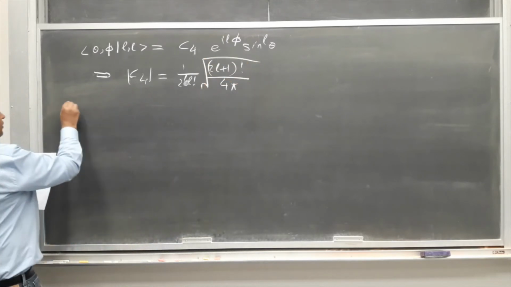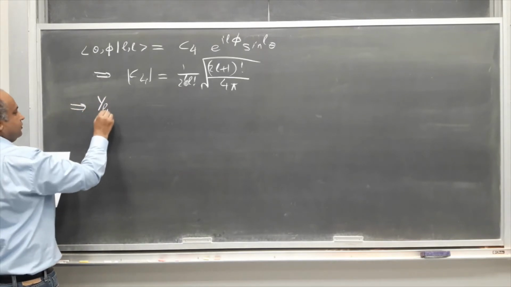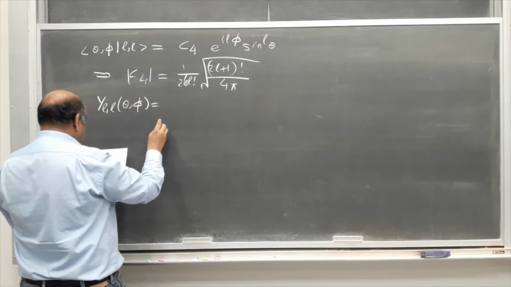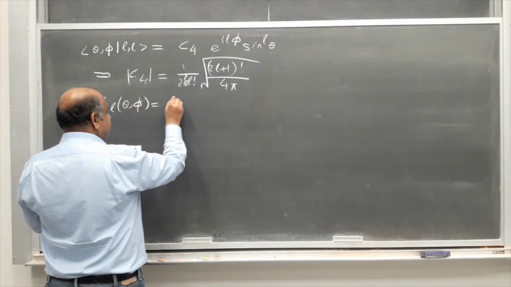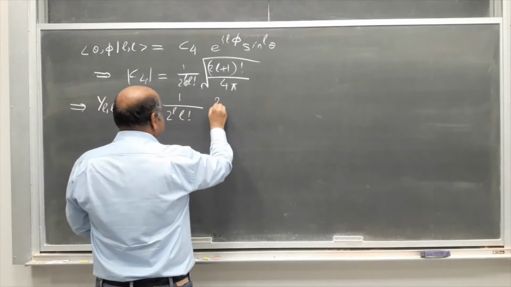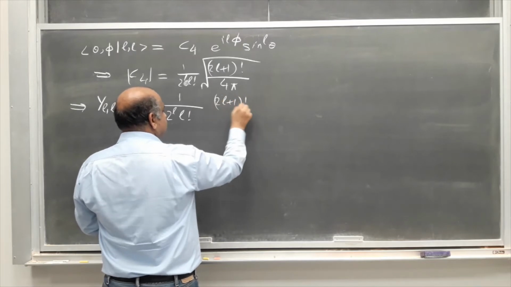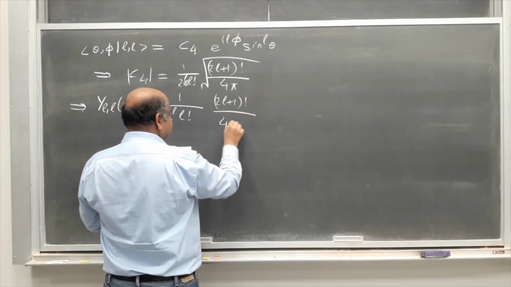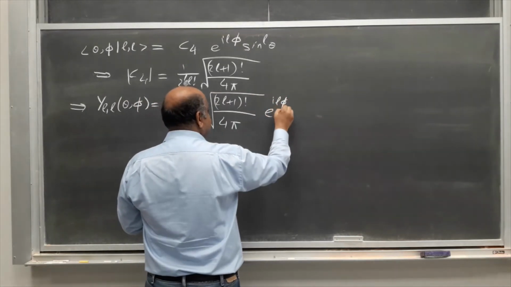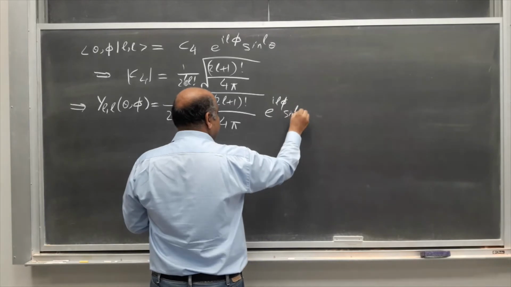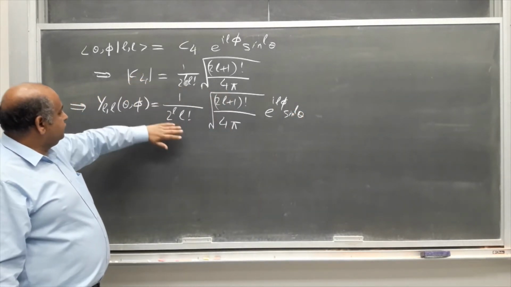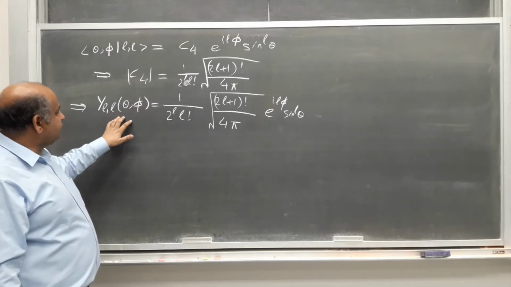Therefore, our spherical harmonic for this value of m is 1 over 2 power L factorial, square root of 2L plus 1 factorial over 4 pi, into e^(iota L phi) sine L theta. So with this magnitude of C4, our harmonic is normalized.